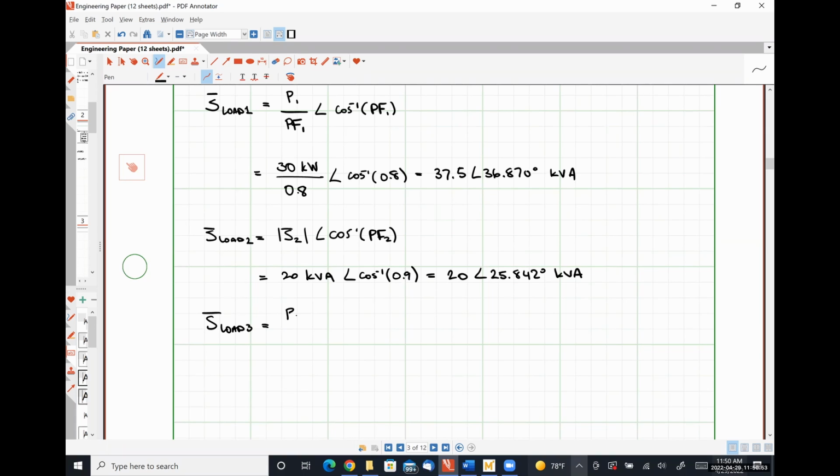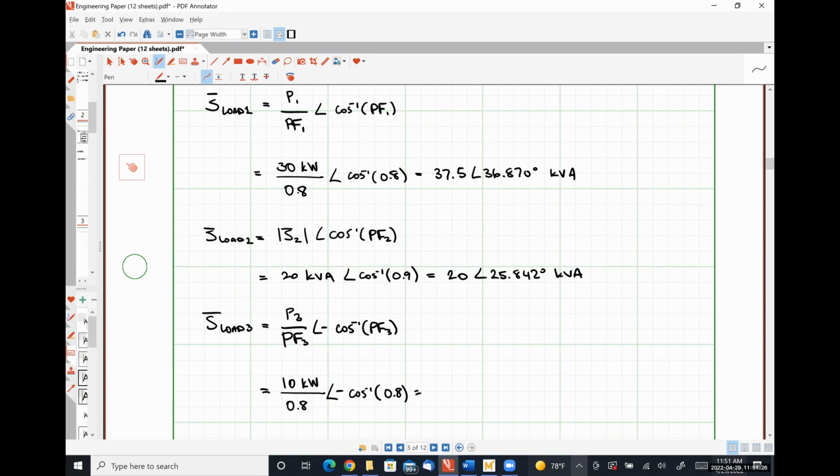So this is going to look like P3 over PF3 angle negative inverse cosine of PF3. Or 10 kilowatts divided by 0.8 with an angle of negative inverse cosine of 0.8.